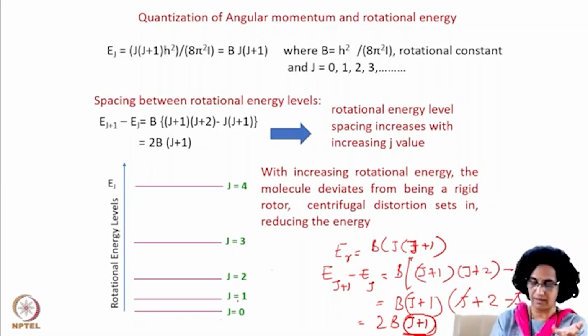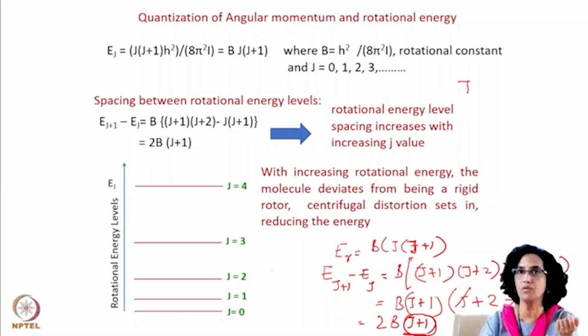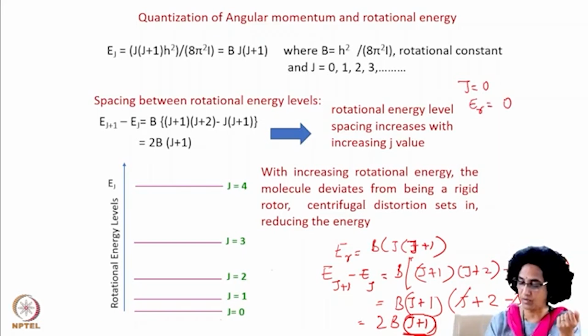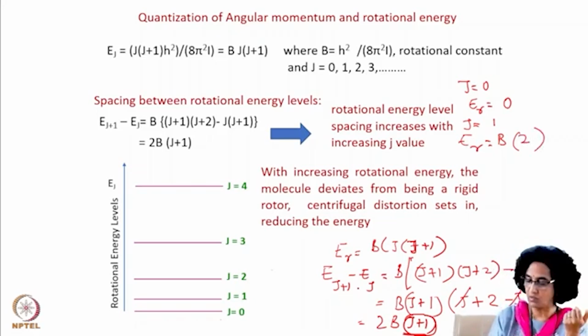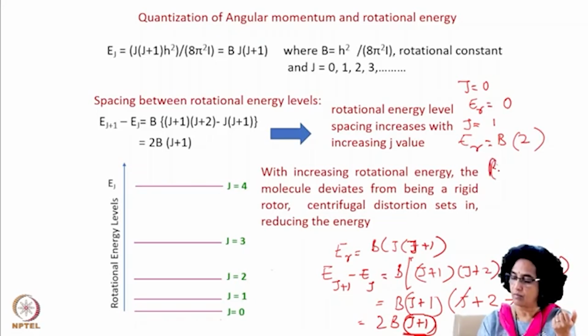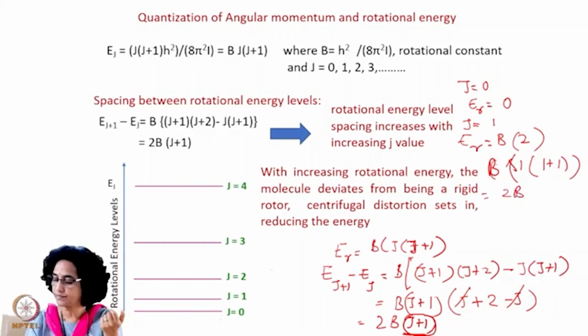So here we can actually calculate: for J equal to 0, the rotational energy ER is 0, because it is B into J into J plus 1. For J equal to 1, ER is equal to B into 1 into 1 plus 1, so that is 2B.